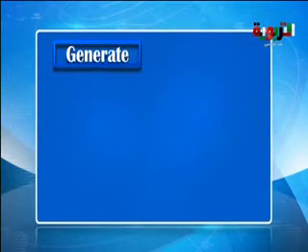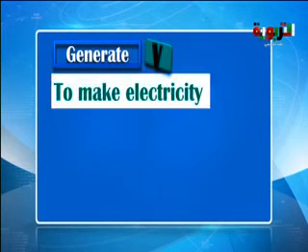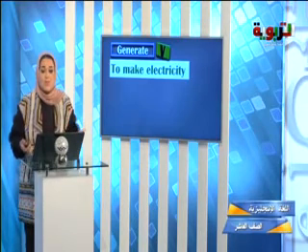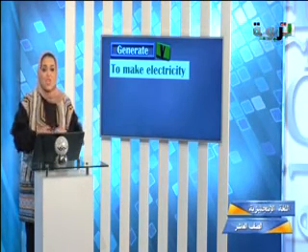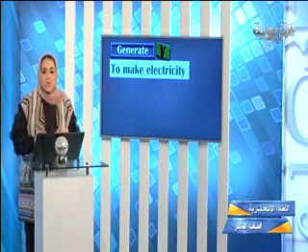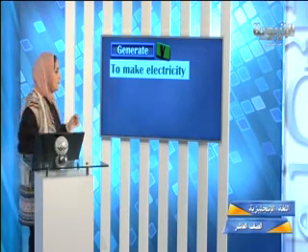Now, the next word is to generate, a verb, generate. Well, generate means to make electricity. So, for example, if there is a company or an institution or a ministry where they produce and give us electricity, we say they generate electricity, of course, through certain machines.